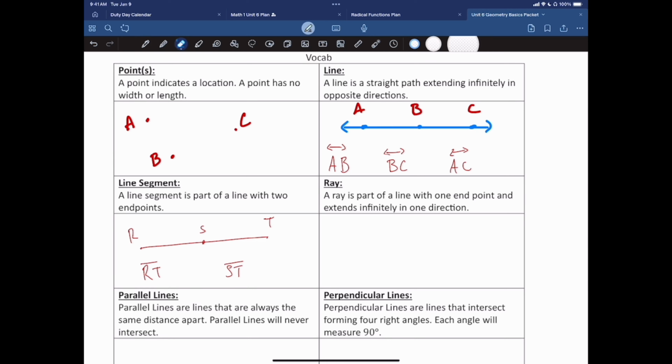So you have to be very careful when we're talking about line segments, like where are my endpoints? We're just looking for the endpoints. A ray is a part of a line in which we have one endpoint, and it goes forever in the other direction. So basically think a mix between a line and a line segment. So if I have a ray, we'll go endpoint, and it goes forever in the opposite direction. There's a couple different ways we can label this.